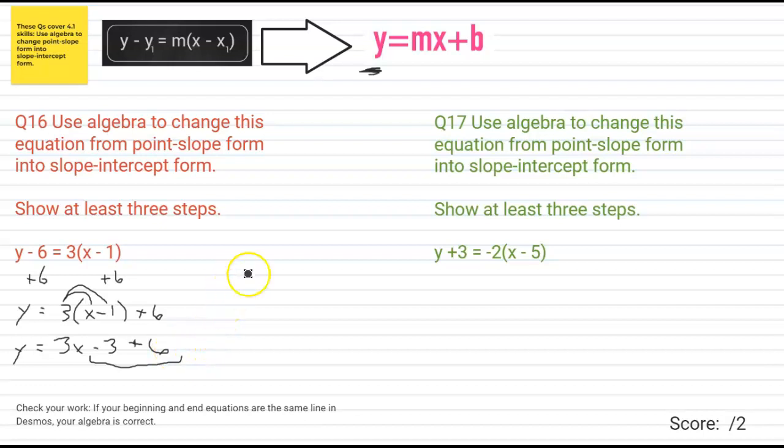Now, if you panic when you see positives and negatives, think about it this way. Make yourself a t-chart, with a positive side and a negative side. See how the -3 has a negative? So I'm going to put the 3 on the negative side. And the 6 has a positive, so I'm going to put the 6 on the positive side. If these two were on the same side, I would add them together, because they're working together, becoming more powerful.